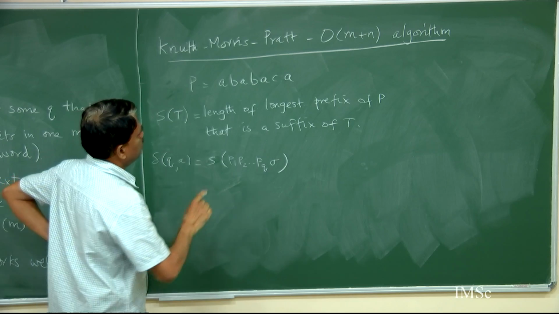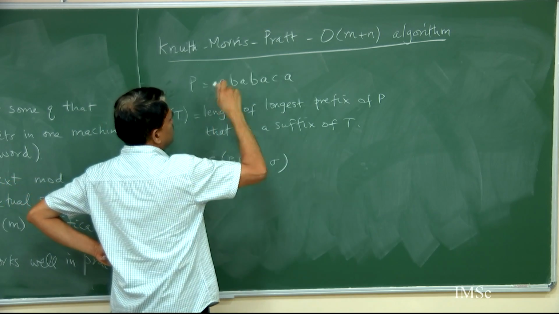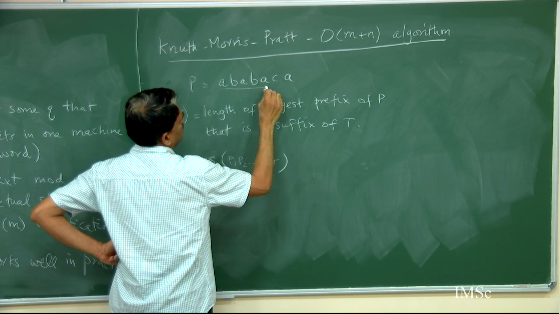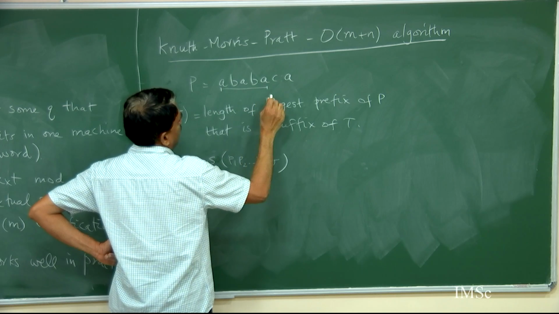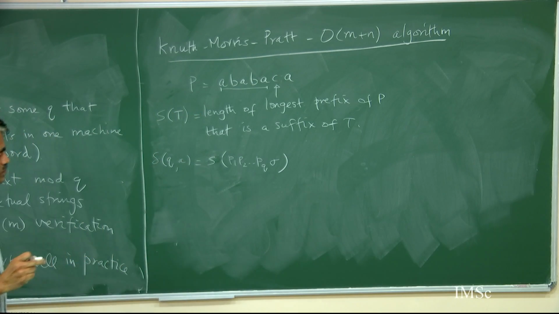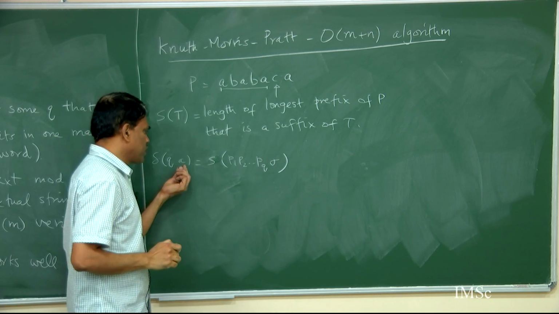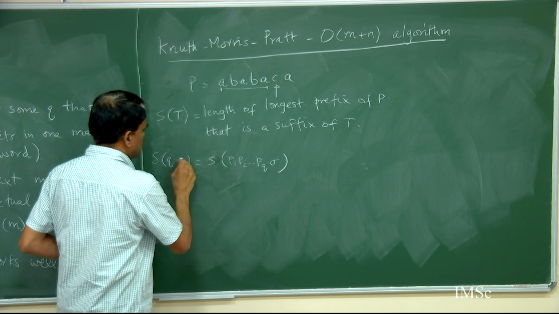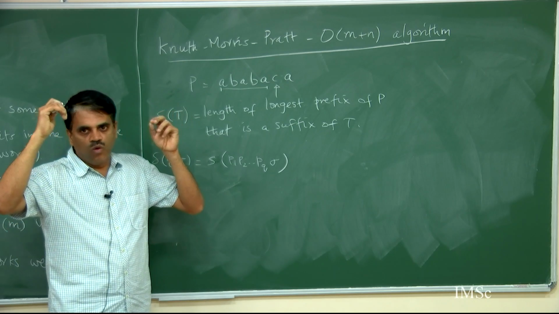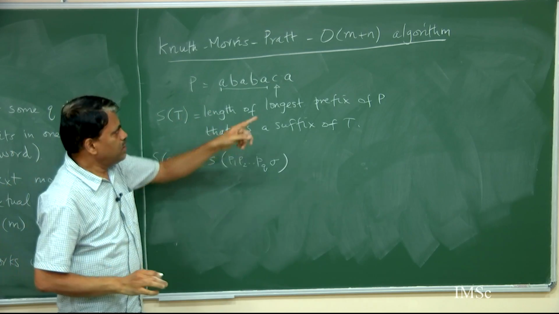Okay. So, suppose I am doing the naive algorithm, and I have matched up to this point, and I have a mismatch here. In this case I do not even know who mismatched with me, but there is a mismatch.